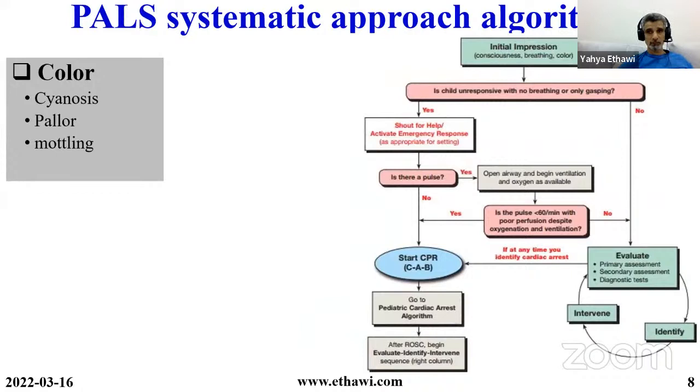You answer this question. So if the child is unresponsive with no breathing or gasping, then go CPR. If the child is breathing but the pulse is not there, go to CPR. If the child is responsive, breathing, and has heart rate, then go evaluation, identify, intervene.